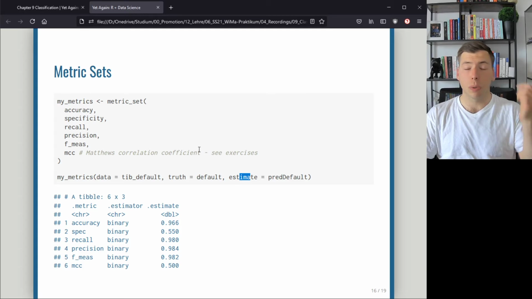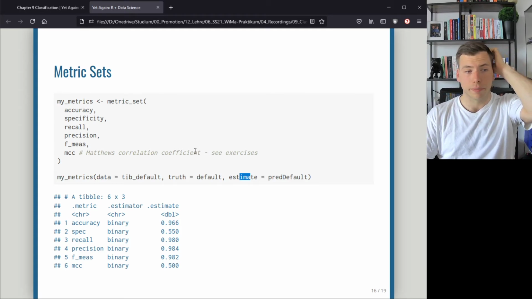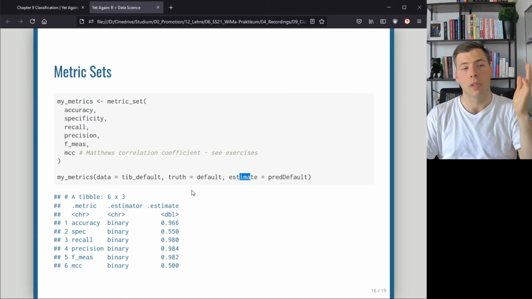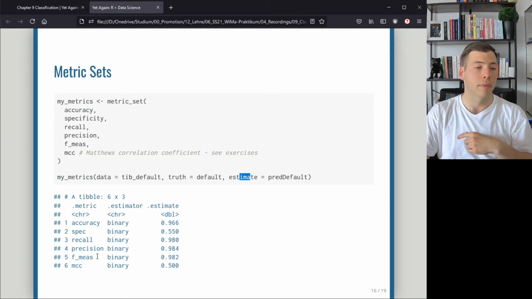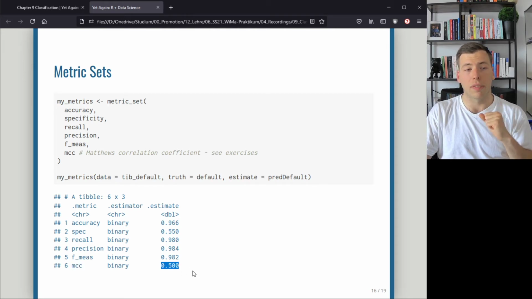In the lecture notes you will find how we used this function to compute the metrics for very different thresholds, and then saw how these evolve for different thresholds. And then, for instance, if you want to optimize the Matthews correlation coefficient, then you could simply pick that threshold where this value is the highest. That would be one way to do it.